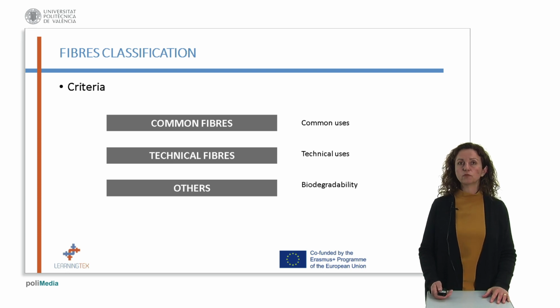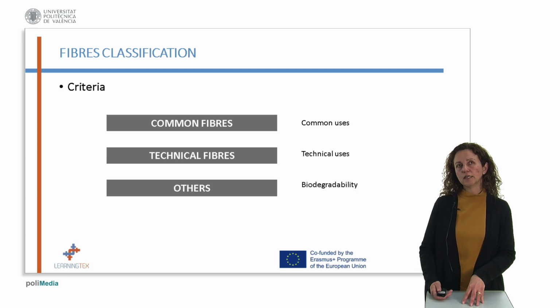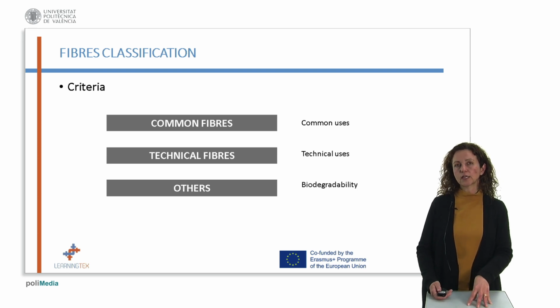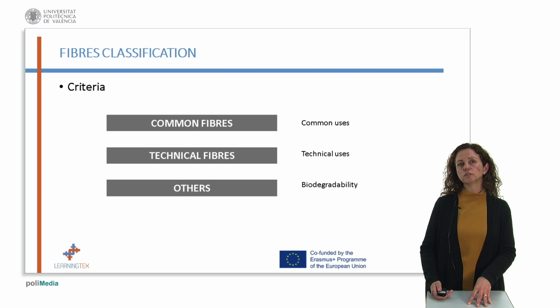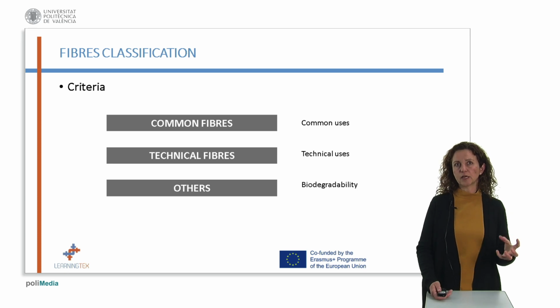On the other side, we've got technical fibers. Technical fibers are defined because of a technical application, okay? So on this occasion, for example, we could say that firemen use technical fibers, okay? But this is a specific application.